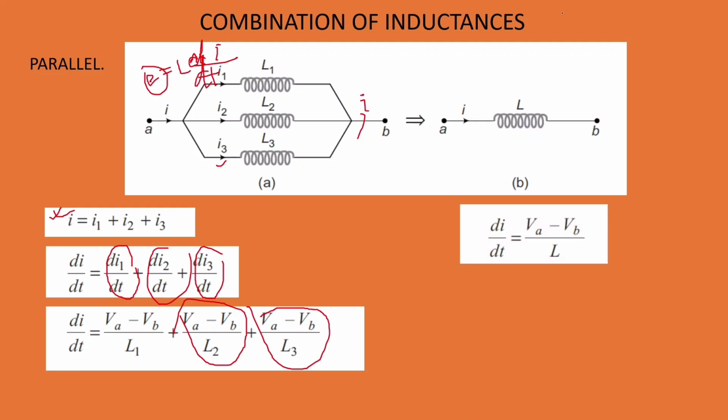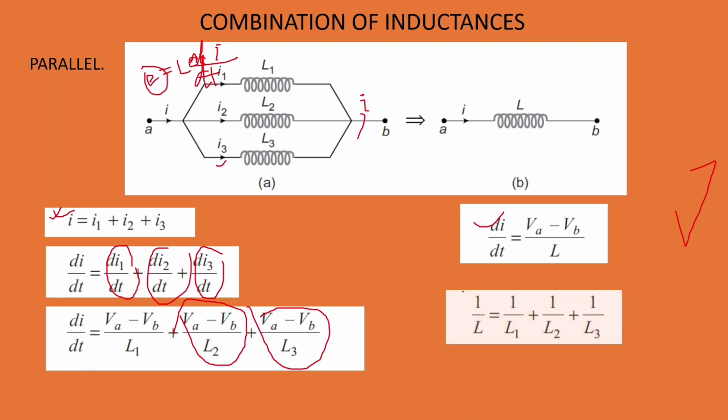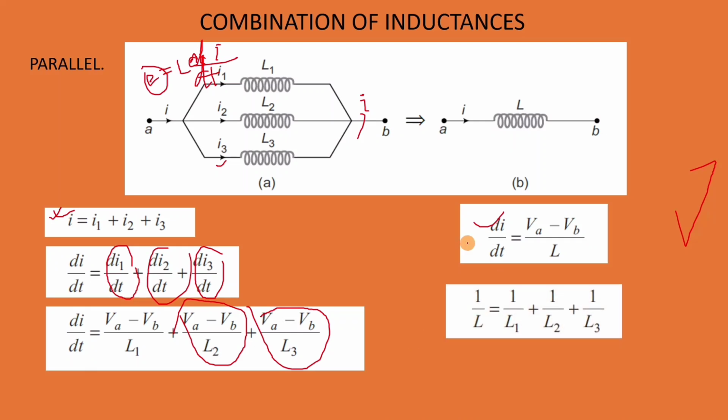So their equivalent inductance gives di dt equals VA minus VB by L. After comparing these two equations, we get 1 by L equals 1 by L1 plus 1 by L2 plus 1 by L3.